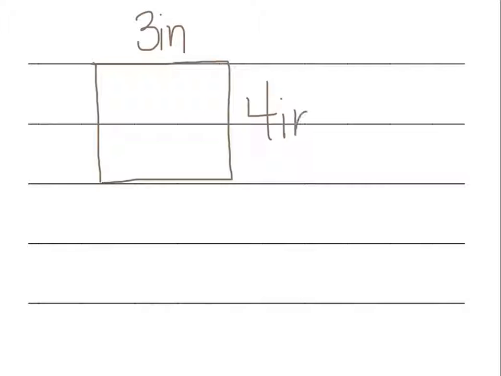Let's use our same shape, and again we said it was 3 inches by 4 inches. Now, area is a measurement, and you can think of it as carpeting.